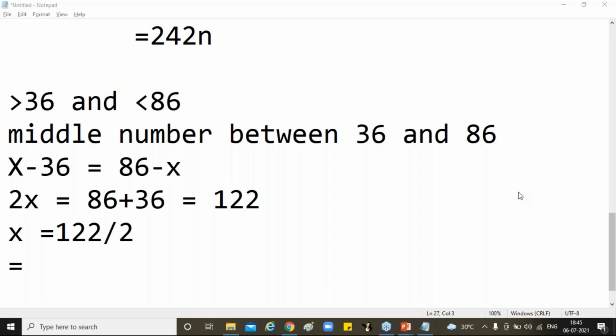So I thought that most of the people are from Telugu, that is the reason. Don't worry about it. So x is equal to 122 by 2, nothing but 61.